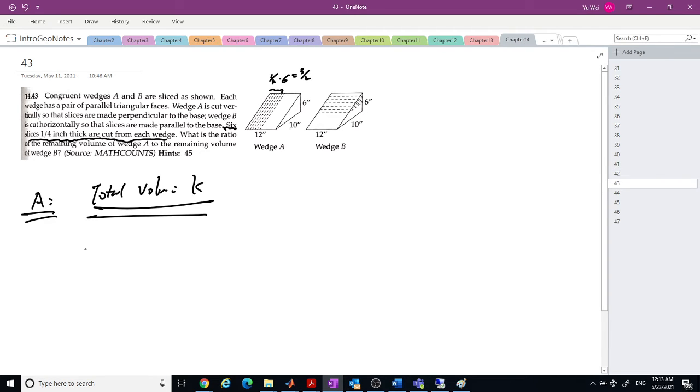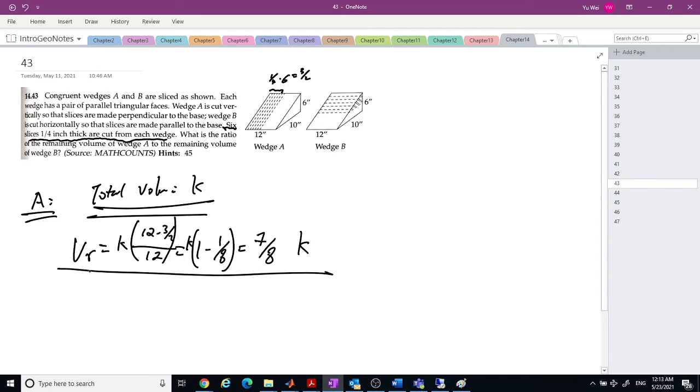So now we can calculate the remaining. So the V remaining is equal to 1 minus 1/8, which is 7 over 8 of K. Okay, so this is the remaining of A.